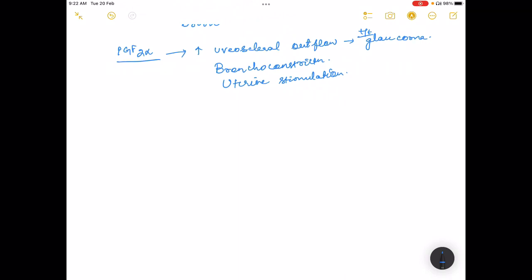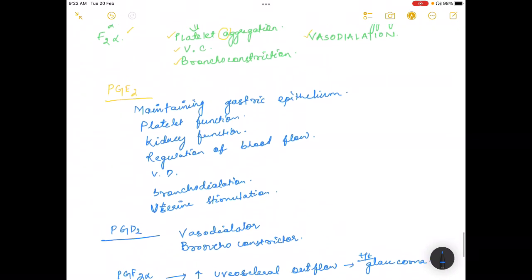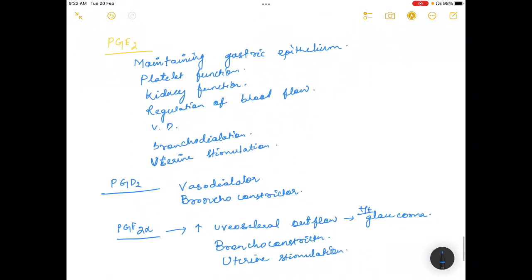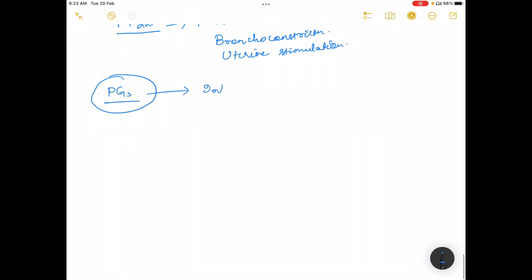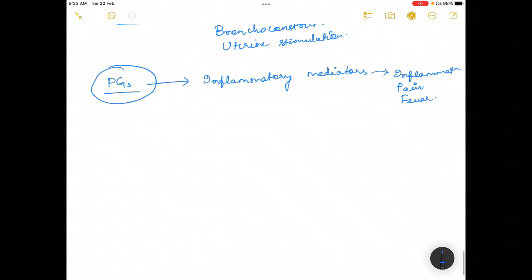Generally, whenever we talk about the prostaglandins, we need to know that these prostaglandins are all inflammatory mediators. Because these are inflammatory mediators, they will cause inflammation, pain, fever, these kinds of symptoms whenever they are released.